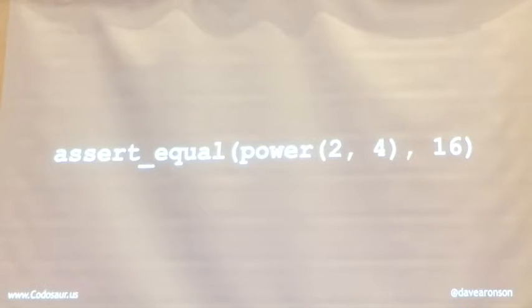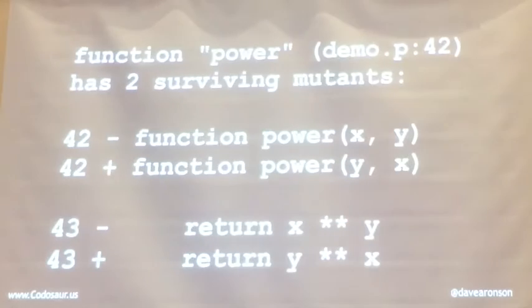All the mutants that our original test killed, this would also still kill. But since 2 plus 4 is 6, not 16, this would kill the plus mutant. We also know that 2 times 4 is 8, also not 16. So it would also kill the times mutant. Yay! So let's rerun our tool and look at the report.